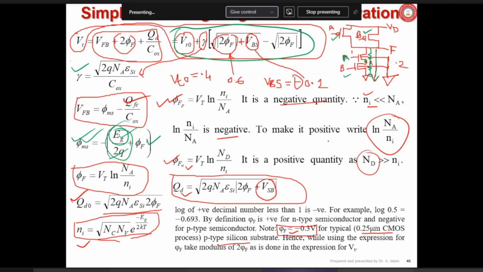One of you was telling that, sir, normally we put source and body at zero potential, right? Yes, sir. So are you understanding now that in a circuit, the source of a MOSFET may not be at zero potential? That depends on the circuit configuration, what kind of circuit you are utilizing.